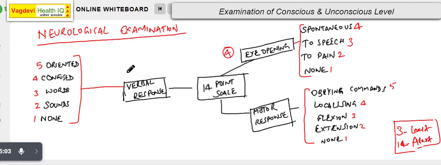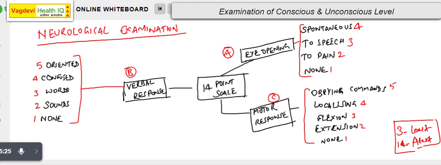So this is the first part A, then the second part B, and the third part C. Whatever you find, you have an objective value, you add up, and you bring the proper coma scale value.